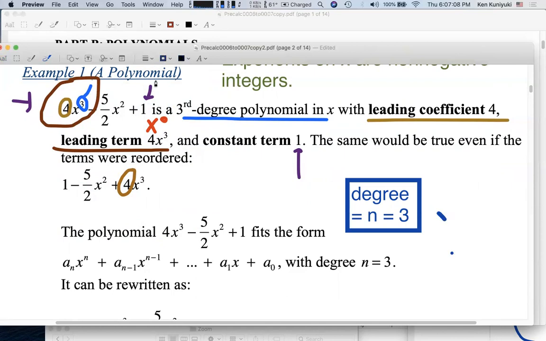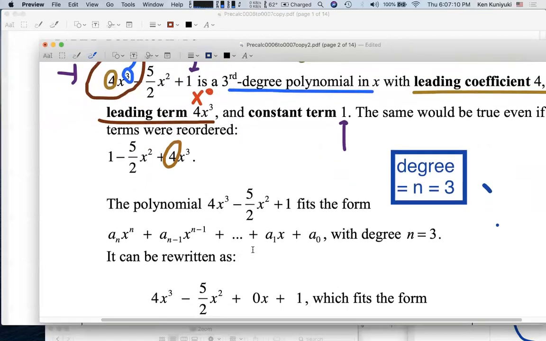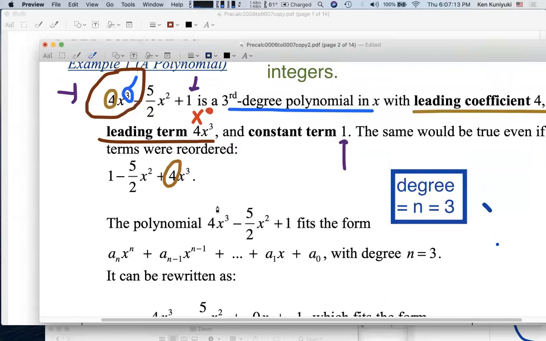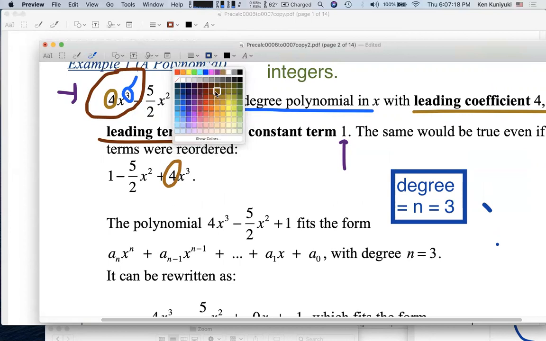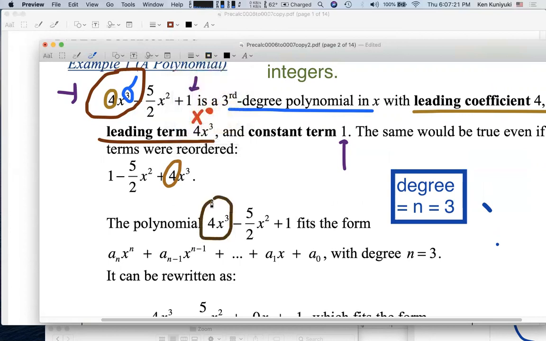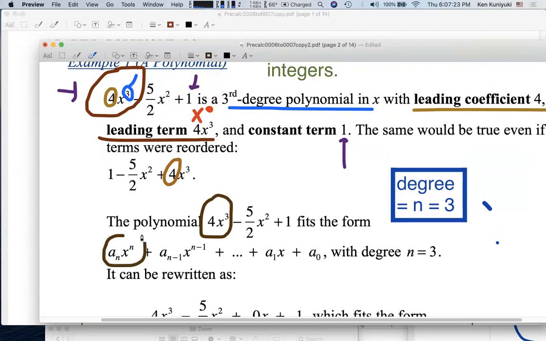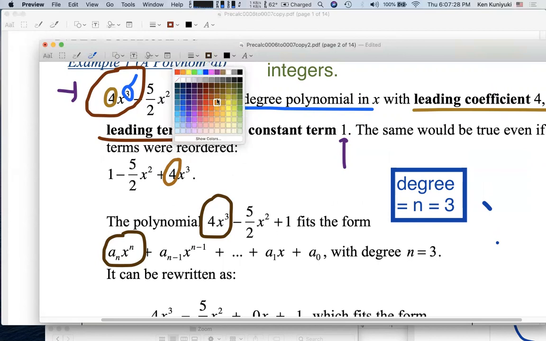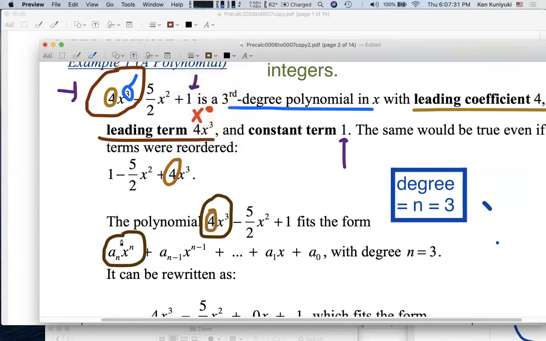The leading term, 4x cubed, is a sub n x to the n. A sub n is the leading coefficient. 4 is the leading coefficient, that's this a sub n. Remember, n is the degree. So the coefficients are a sub 0, a sub 1, a sub 2, and so on up through, in this case, a sub 3.